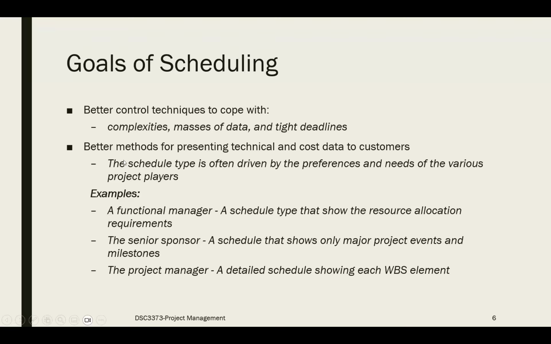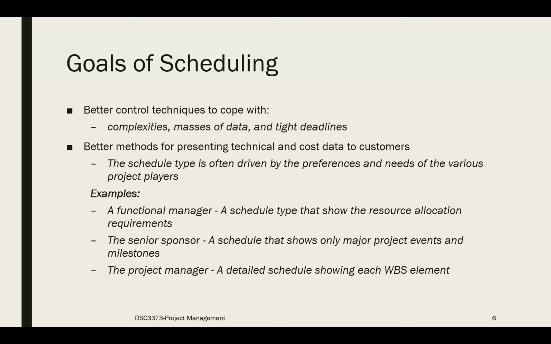Then you need to have better methods for presenting the technical and cost data to the customers, right? Different stakeholders will require different types of information, or it is the same information but it will be presented in different ways to different stakeholders.